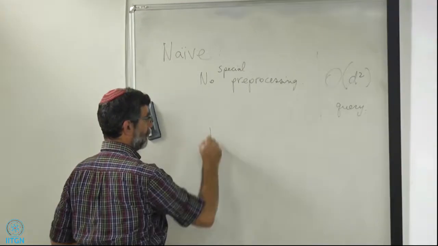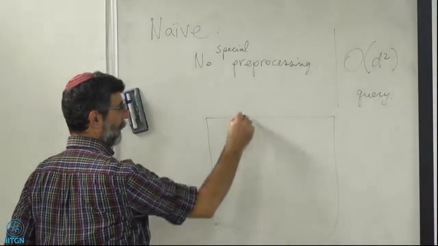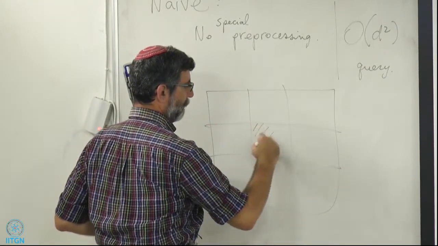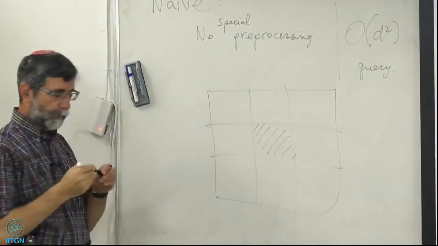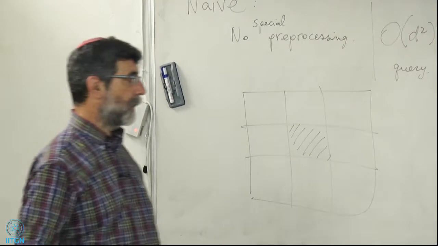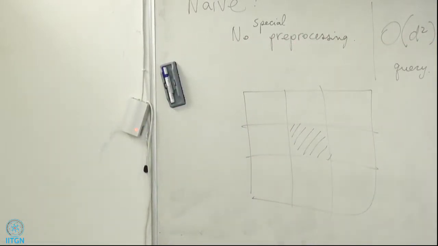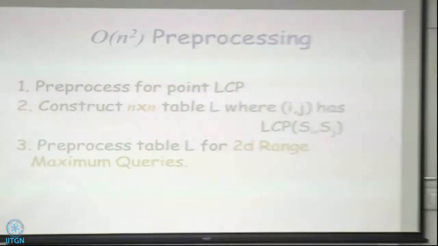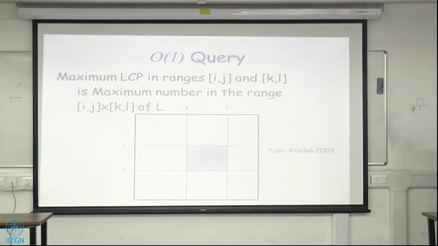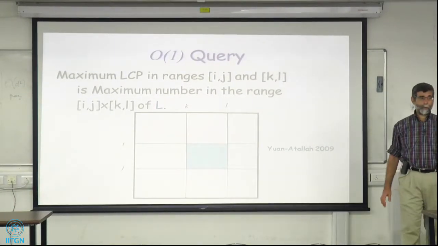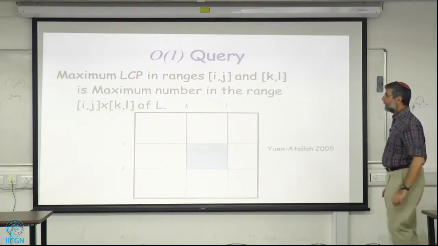So I have a matrix, and when I give you a range, you find the minimum in that range. Well, the answer is that it is possible to do 2-dimensional range minimum queries also. That's a paper by Yuan and Atallah in 2009. So you can, in fact, preprocess.